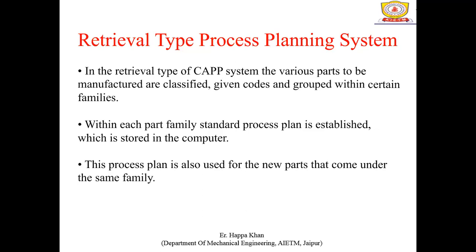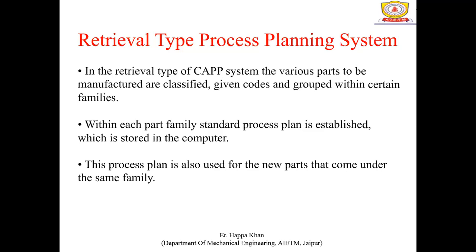In the retrieval type of CAPP system, the various parts to be manufactured are classified, given codes and grouped within certain families. So for understanding the retrieval type of CAPP, you have to understand group technology.